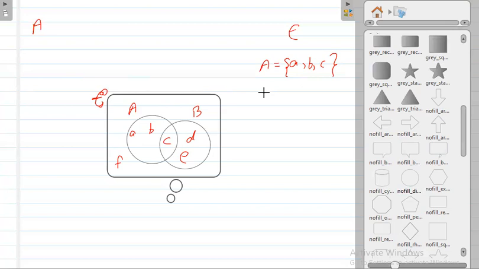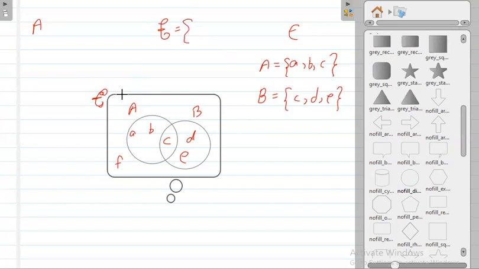Okay. Now if I have to write B, it means I will write whatever is within the B. What are we having within the B? We are having C, D, and E. These are the elements within B. And if I have to write the universal set here, what are the elements of the universal set?